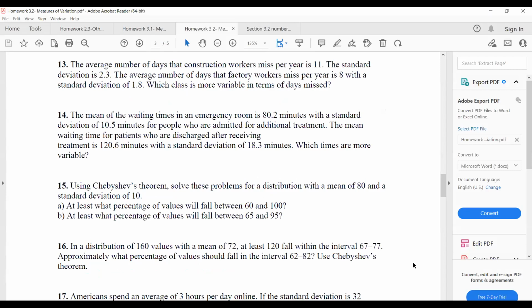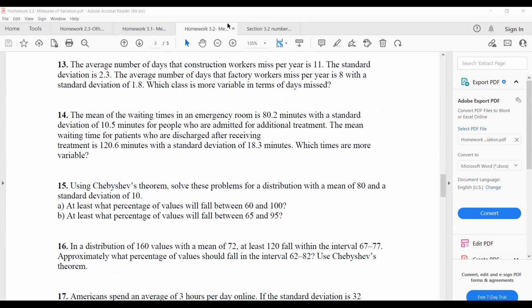Here, what number was that? Okay, what percentage should fall between 62 to 82? Okay, well, 62, how far is it from, let's look at this.